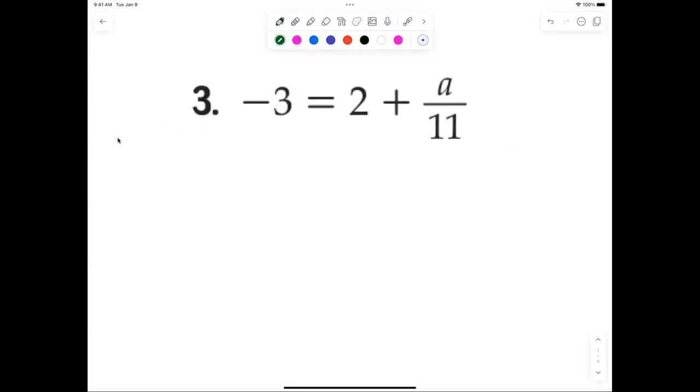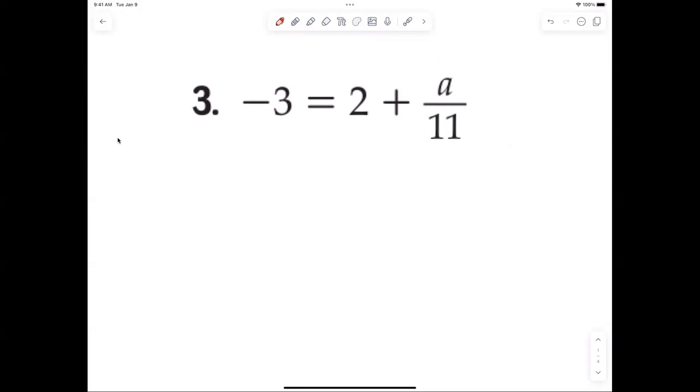All right, so for number 3, I think the best advice is to do what first? Come on, guys. What am I going to do to solve this? No. Say it. Subtract 2. You're going to subtract 2. You're working backwards. PEMDAS kind of backwards.